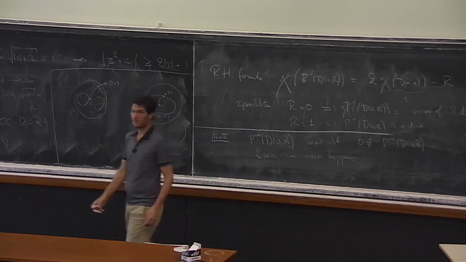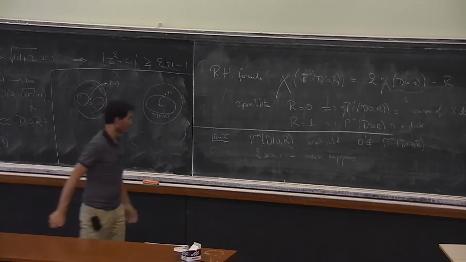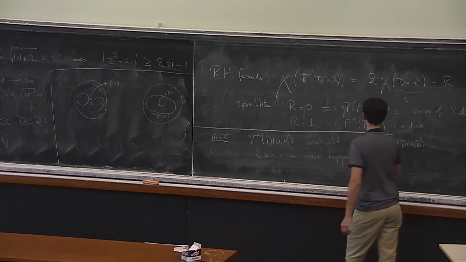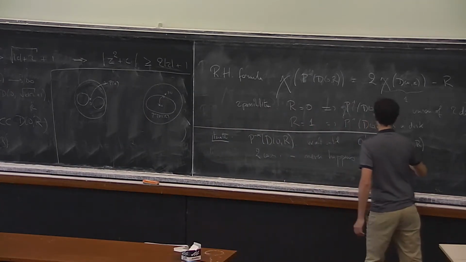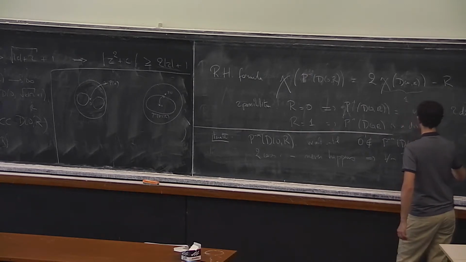It never happens. It means that at every stage, when you pull back the disk, you get one single topological disk. So it implies that for every n, this preimage is actually a single topological disk.